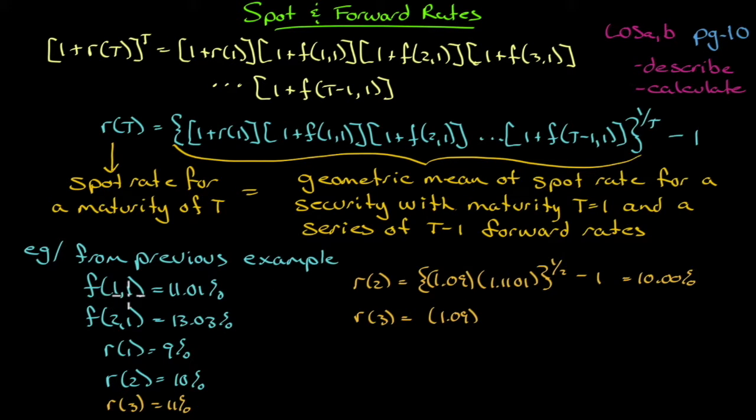Then we'll go to F11, then we'll use F21, and we'll multiply them in succession. 1.1101, 1.1303, and we are expected to take the 1 over 3, the third root of this, minus 1. And if you multiply this all out and you take the third root of it and subtract 1, you will get 11%. So this is an important relationship that we're going to use later on. Let's just be aware that that relationship exists, as it must.